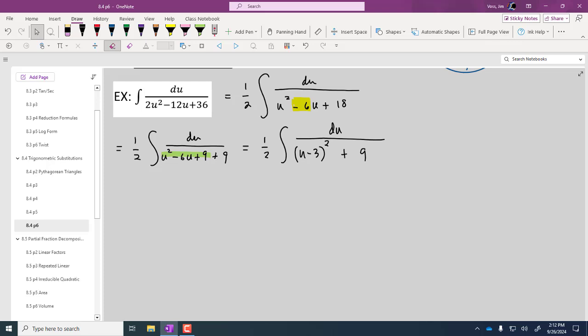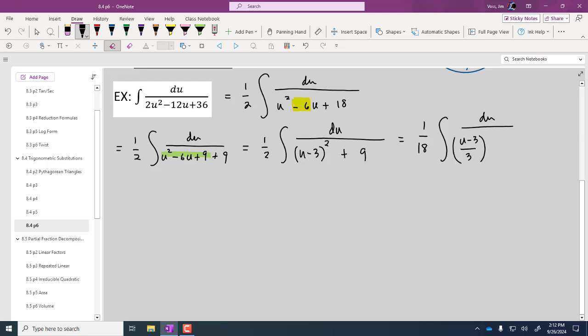This is very similar to the last one. We want to factor out the constant. We know it's going to be an arctan. So we factor out that 9, and we get 1/18 out in front. There is no 9 in this first term, so factoring out the 9 introduces a 9 in the bottom.